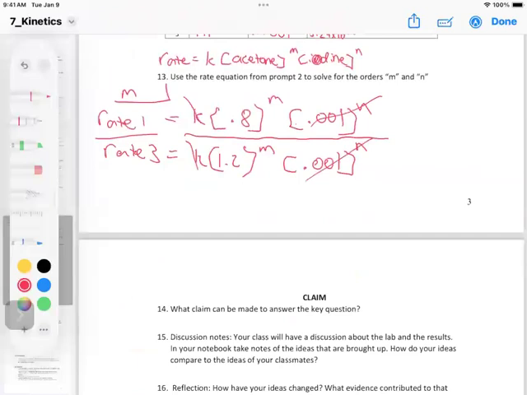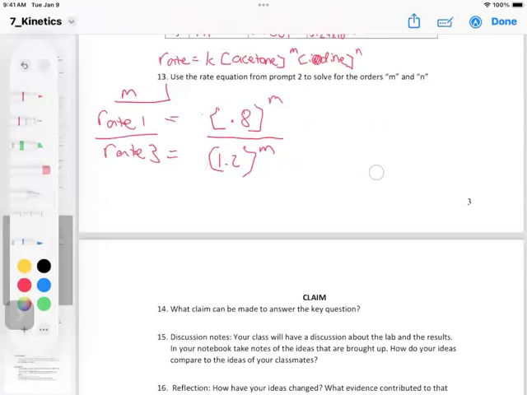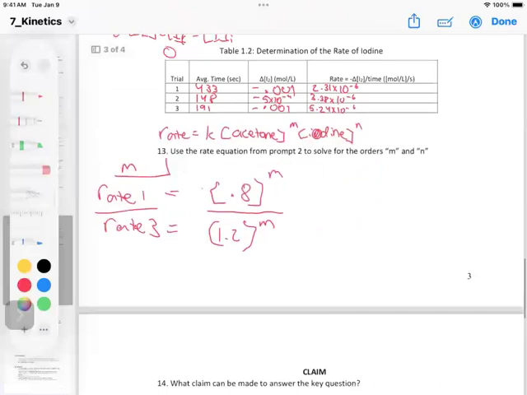So we can more simply look at this like this, and then we'll plug in our rates here. Rate 1, 2.31 times 10 to the negative 6.